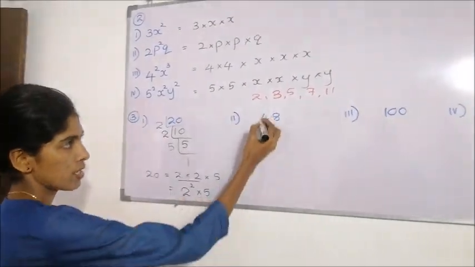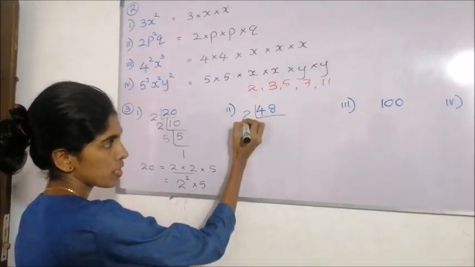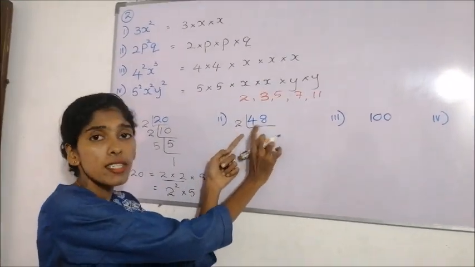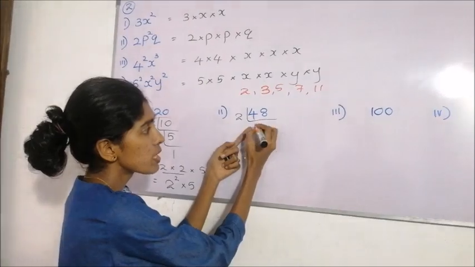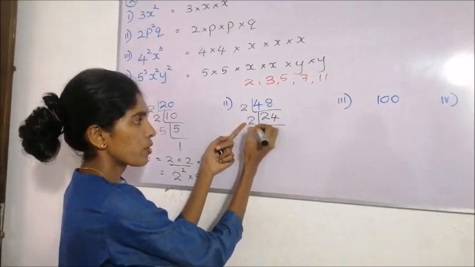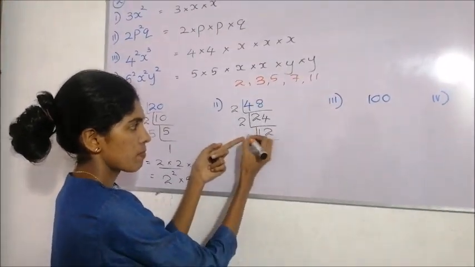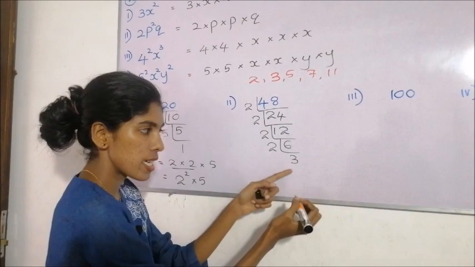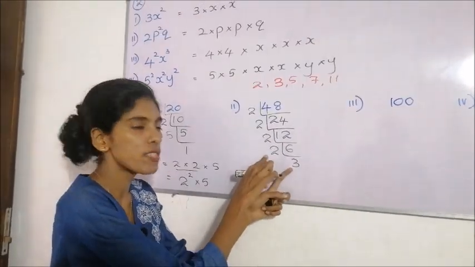Next 48. We will start dividing by 2 because by looking at the last digit we can see that this 48 is divisible by 2. So what will be the answer? 24. Again we will divide by 2. 12. Again by 2. 6. Now again by 2. 3. Now we can see that 3 is not a number divisible by 2.